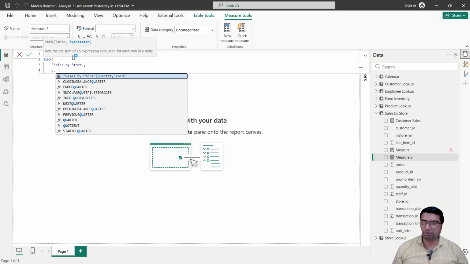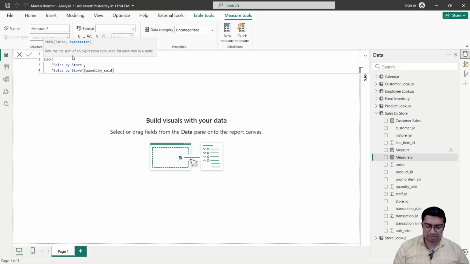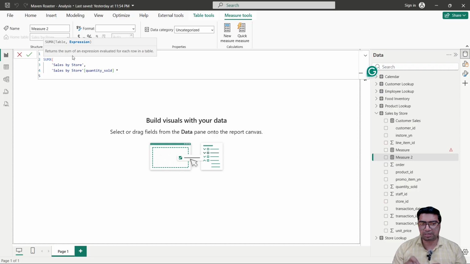Then the current cost is in another table, the product lookup, which is already connected with this sales by store table.